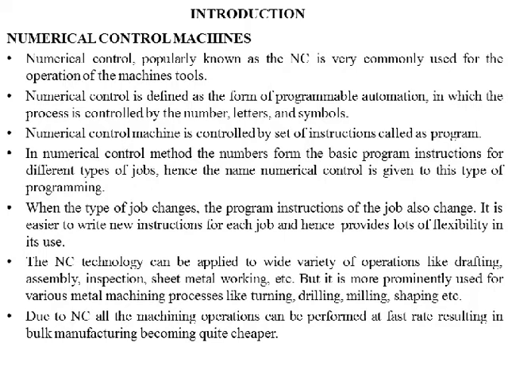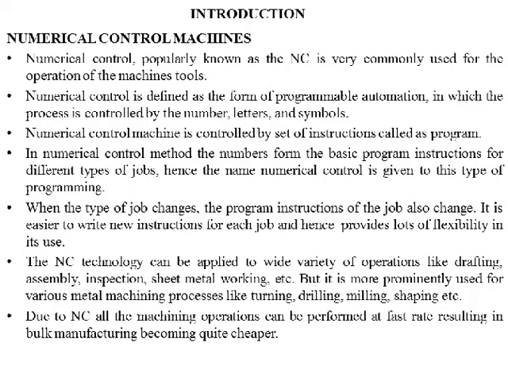Due to numerical control, the machining operations can be performed at a faster rate, which helps in bulk manufacturing at a very cheaper rate. So this is about the introduction of a numerical control machine.